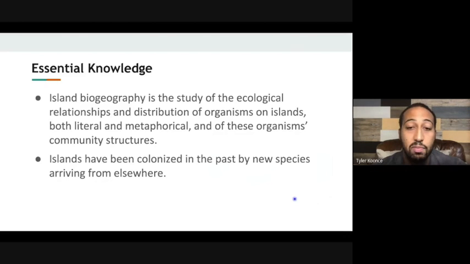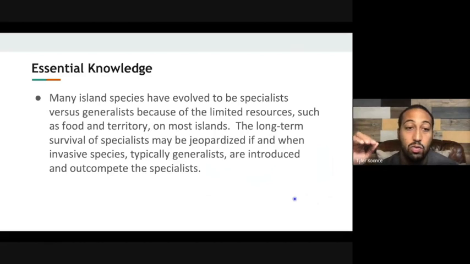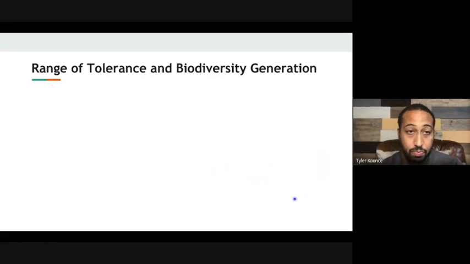And these islands have been colonized in the past by new species arriving from elsewhere. Another one is many island species have evolved to be specialists versus generalists. So they're going to focus in on one thing on that island, and if that one thing is gone, that's going to put them in jeopardy. We don't want a new species to come around and outcompete them.